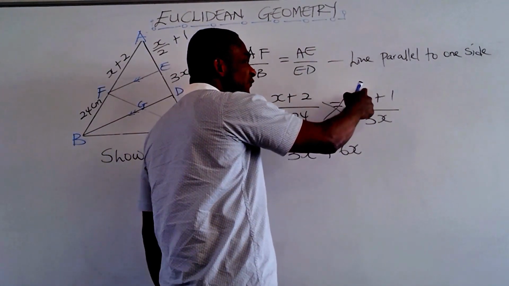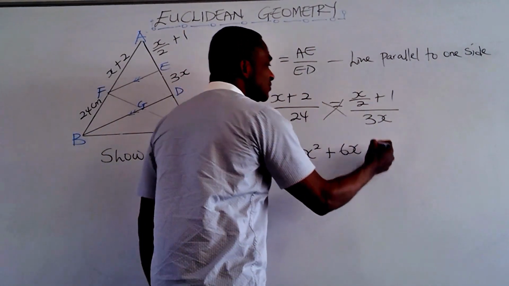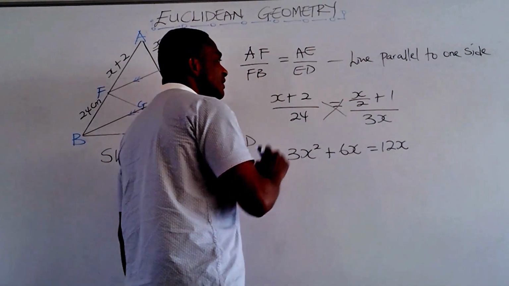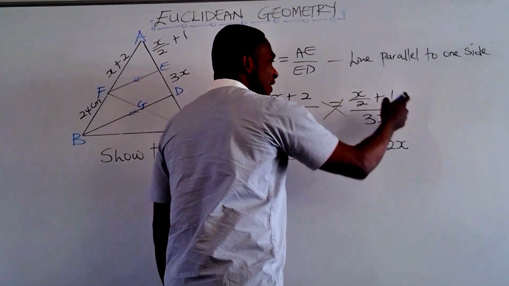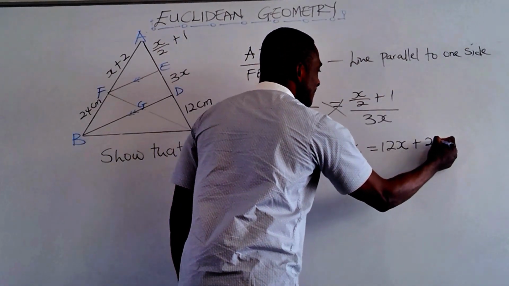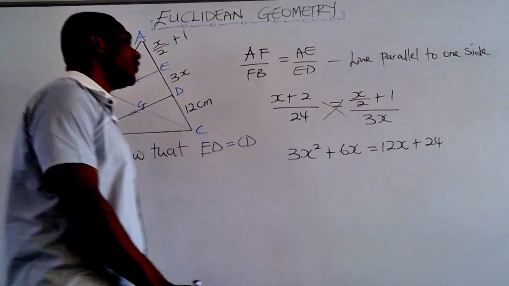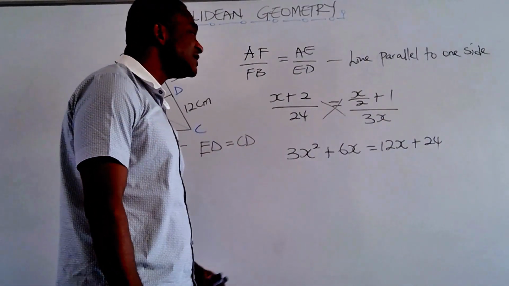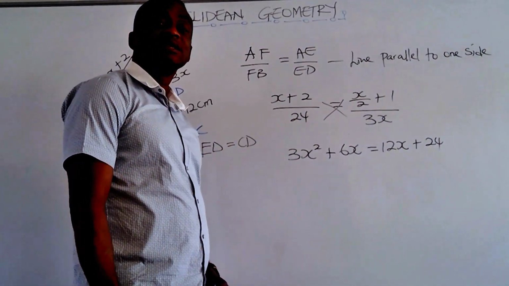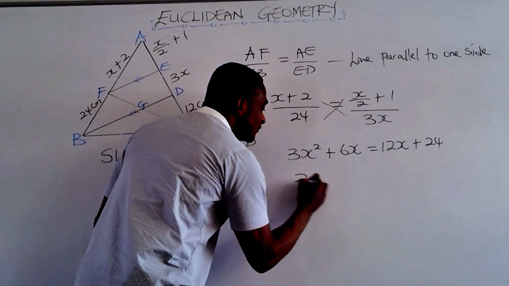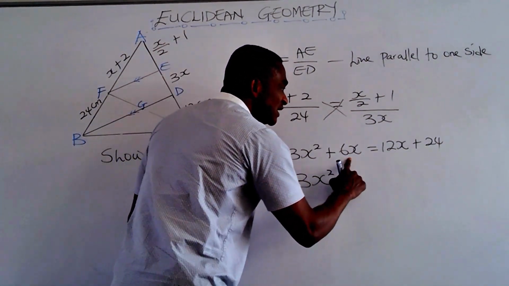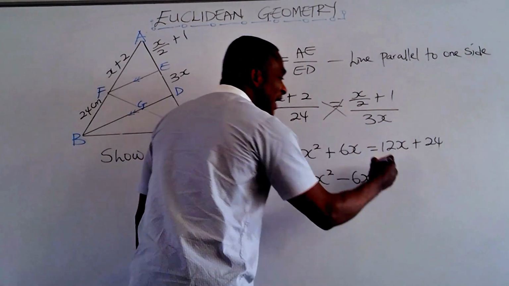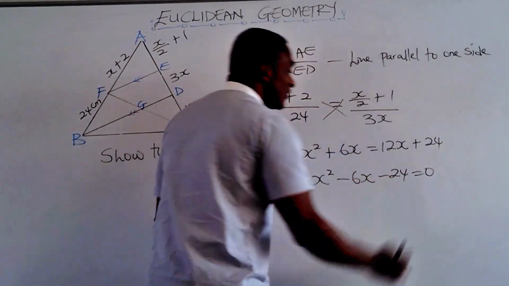This will give us 24x divided by 2, which is 12x, and 24 times 1 is 24. This is leading us to a quadratic equation, so we rewrite this and equate it to 0 before we can solve. So we have 3x squared plus 6x minus 12x, which gives us minus 6x, minus 24 equals 0.